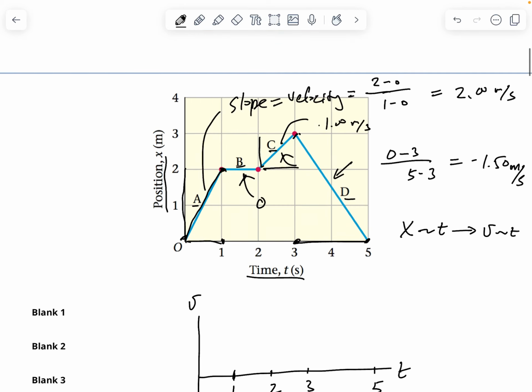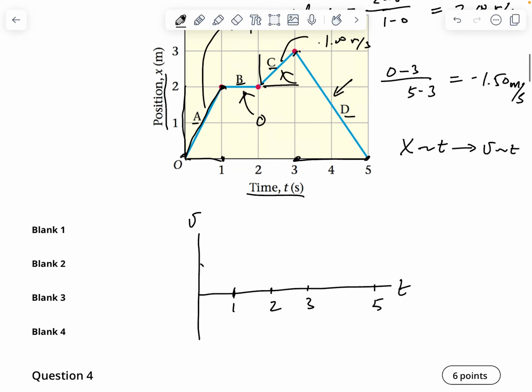So it is 2 meter per second, 2 meter per second. Okay, and then became 0, then became 1 meter per second, right? Then became negative 1.5. Okay, so that is your velocity time graph.